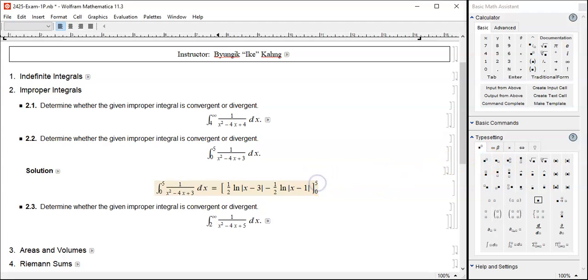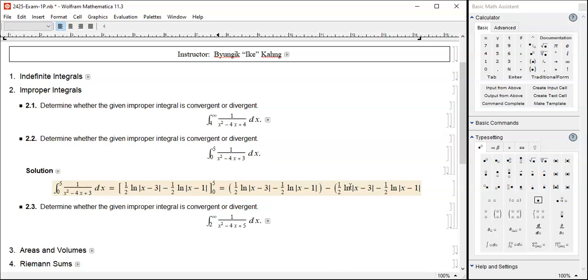All right. So this is going to be, and then plug in x equals to 5. So 5 minus 3, so we have log of 2. And then 5 minus 1, we have log of 4.